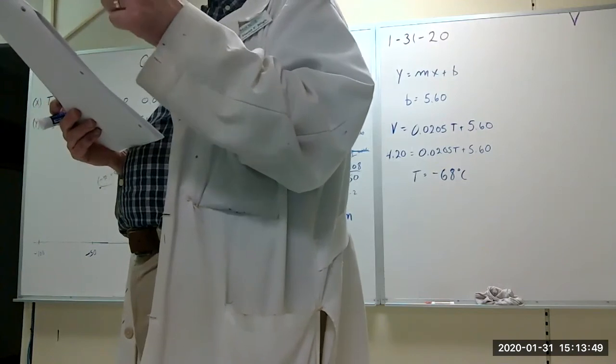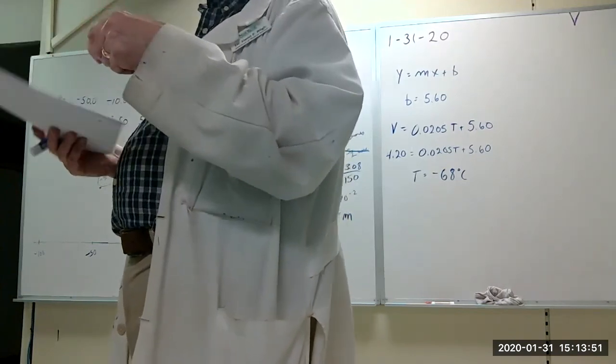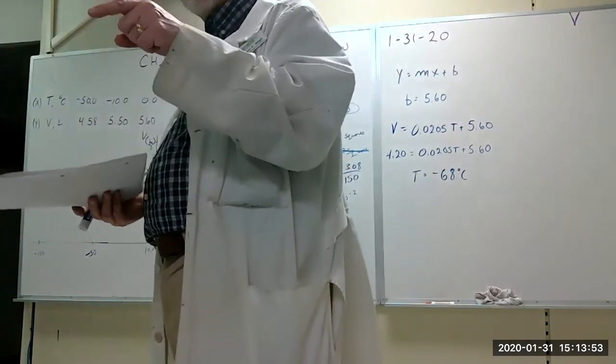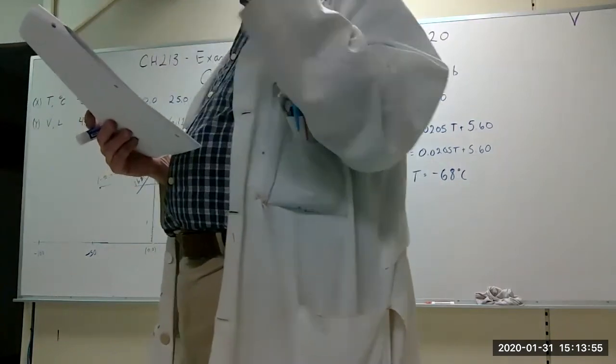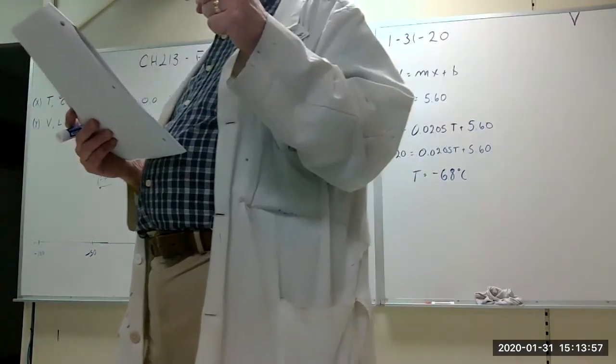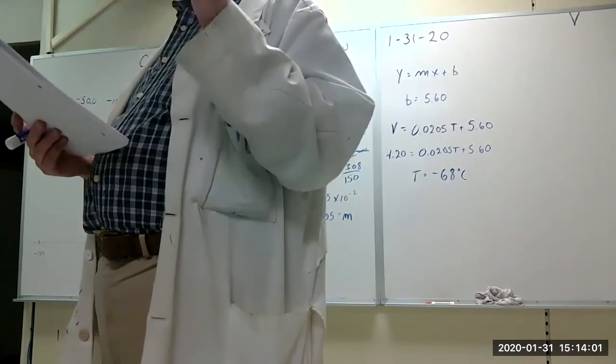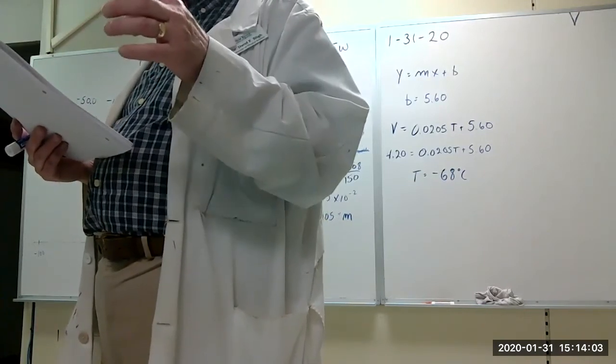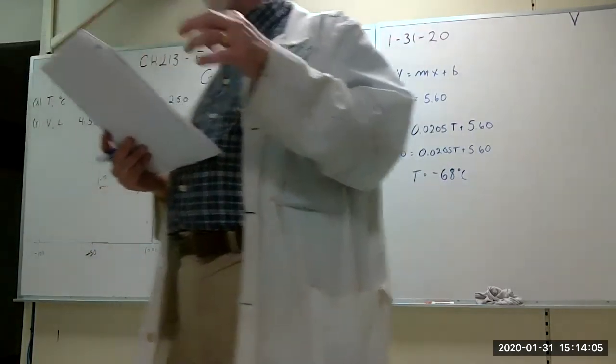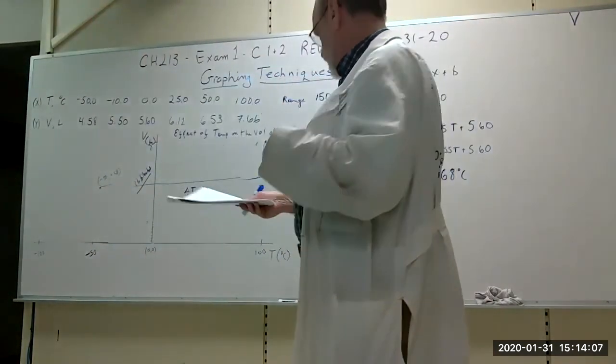Its volume was measured under various pressures. So that means that you change the pressure and you measure the volume. So the pressure is the independent variable, the volume is the dependent variable, which means volume is on the y-axis, pressure is on the x-axis.